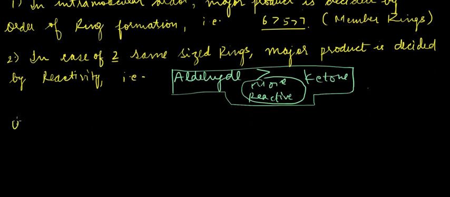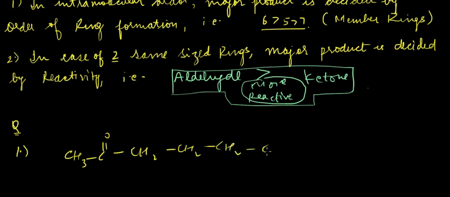Now let's do some questions in which you have to identify the major products. We have something like this compound. Again, we are providing basic medium and heating it. So what will happen? Let's count whether there is any six-member ring formation: 1, 2, 3, 4, 5, 6.